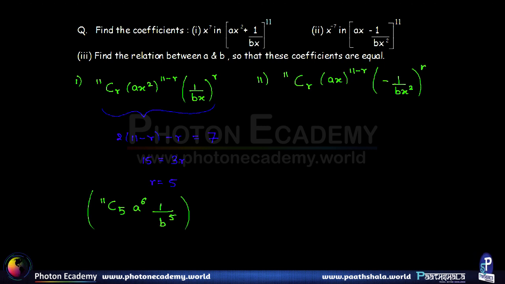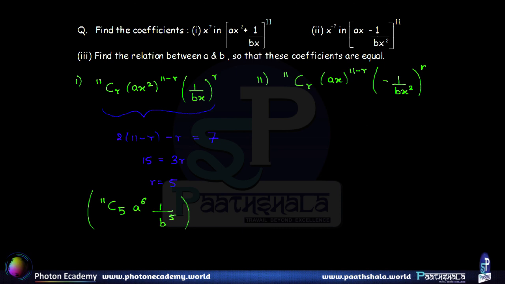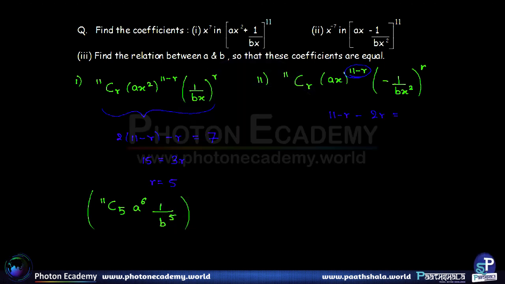So the power of x can be calculated from here. It will become, so we have 11 minus r over here, and then we have minus 2r over here, and that should be equal to minus 7 because that's what we have to find. So this will become 18.